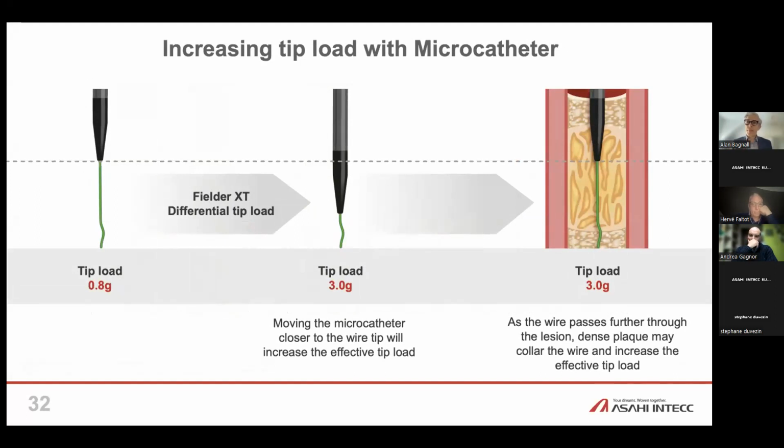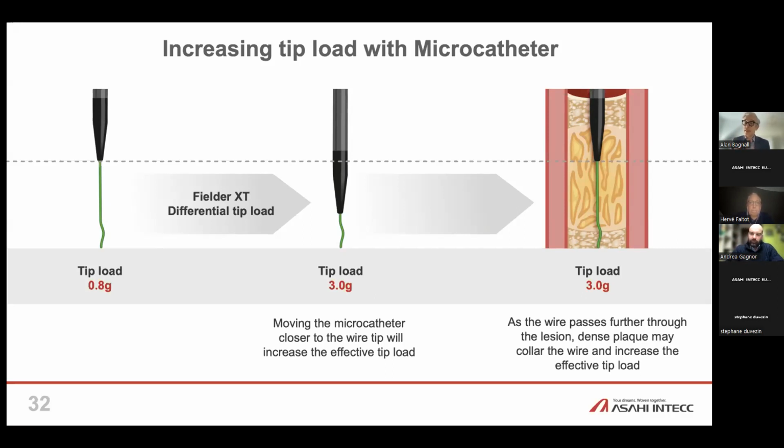But you can also manipulate your tip load on your wire by your microcatheter. And most people will be using microcatheters during CTO procedures because there's rarely one wire that's good for the whole case. And microcatheters are a way of exchanging your wires without losing the ground that you've already covered. But if you take something like a Fielder XT, which is a low tip load wire, 0.8 grams before it starts to bend, if you move a microcatheter closer to the tip of that wire, you can get that tip load to increase up to 3 grams.